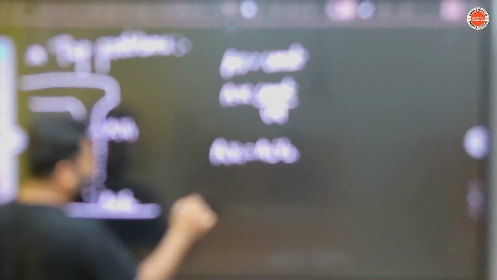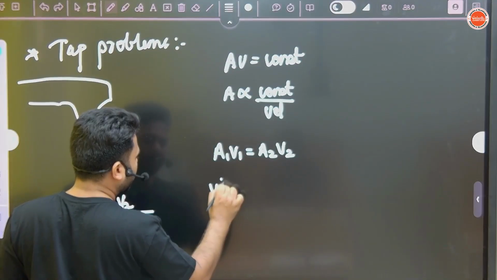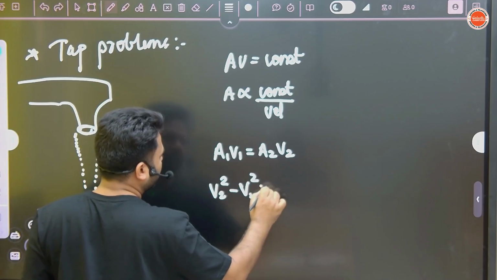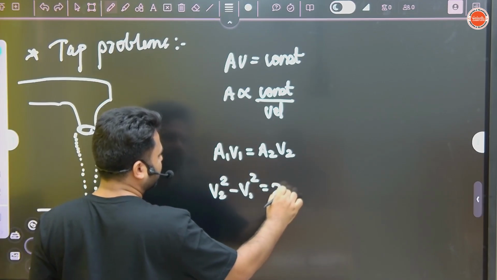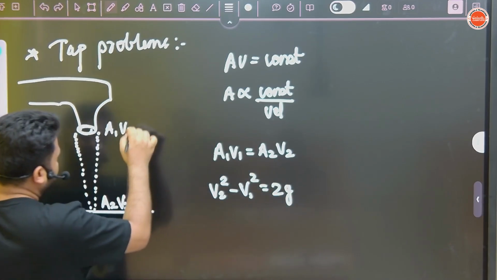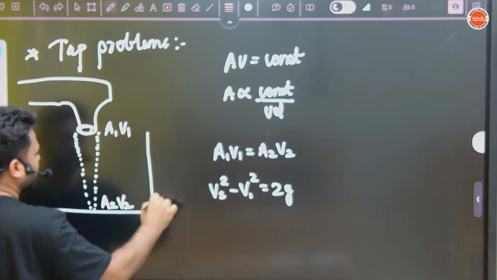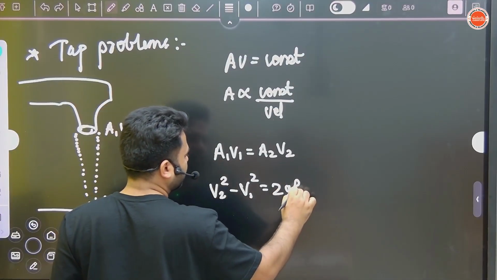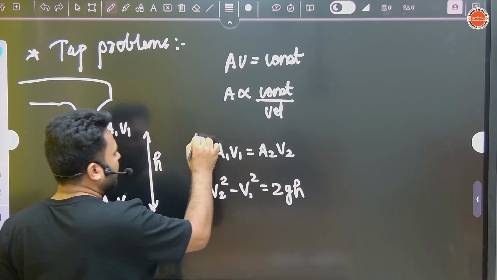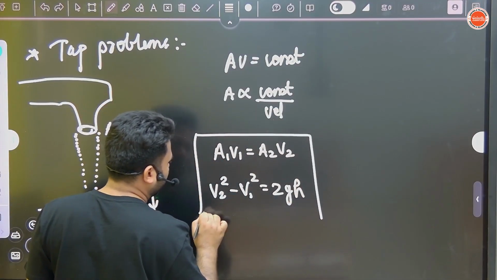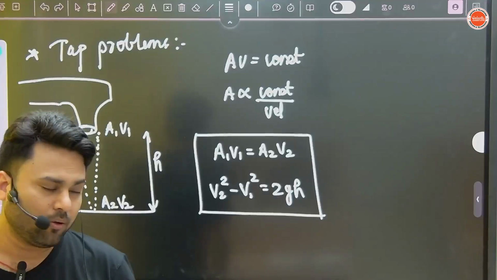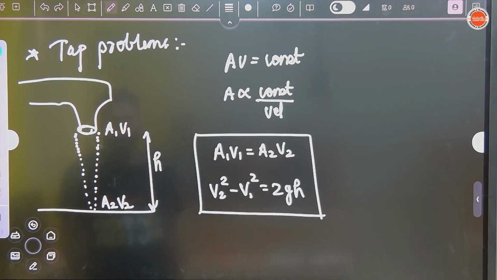So the final velocity V2 square minus initial velocity V1 square equals 2 times acceleration, which is nothing but g, times S, the distance, H. So 2gH. You remember these two, and you will be able to solve all tap problems.